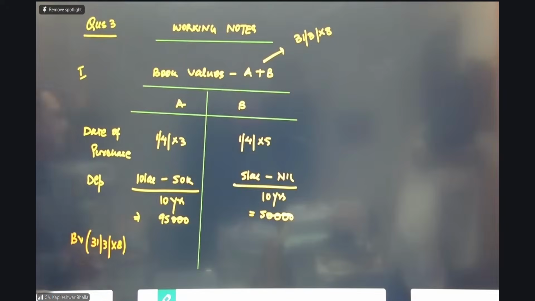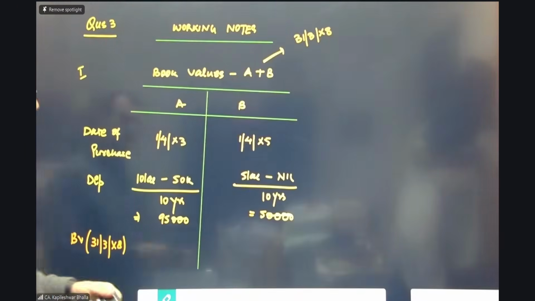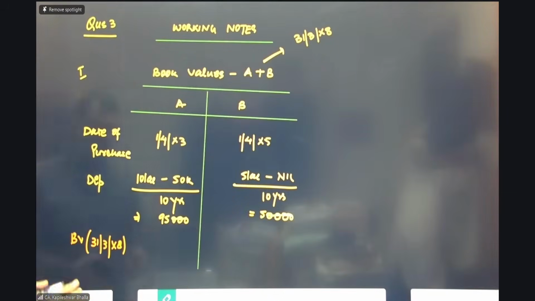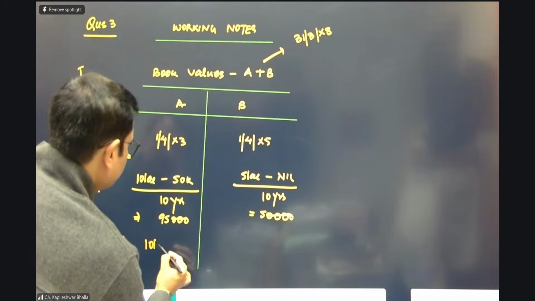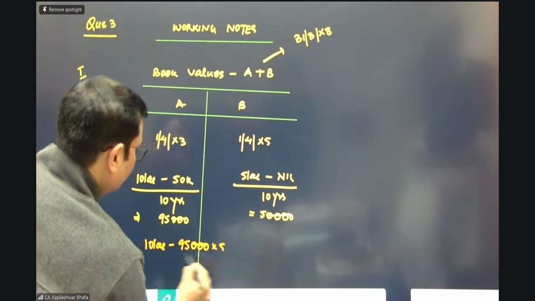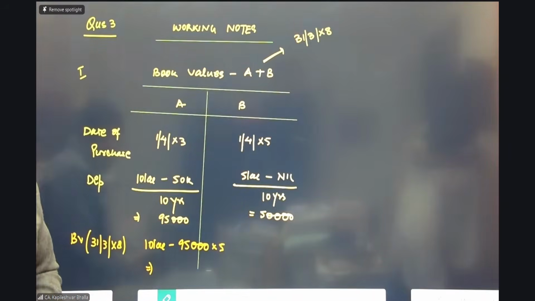So how many years of depreciation for asset A? X3 to X8, that means 4, 5, 6, 7, 8, 5 years. So can I say this will be 10 lakhs minus 95,000 depreciation for 5 years. Let's see what is the book value of the asset.